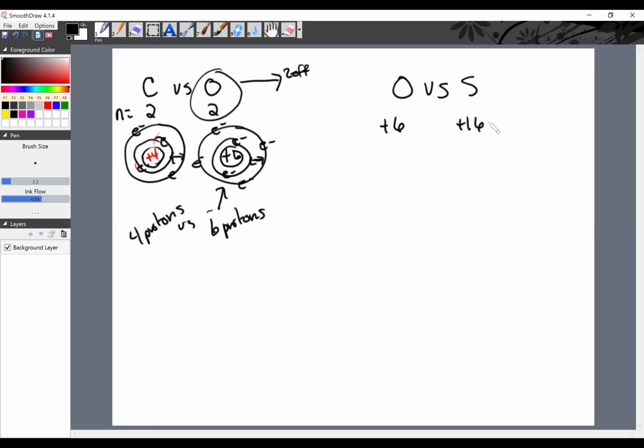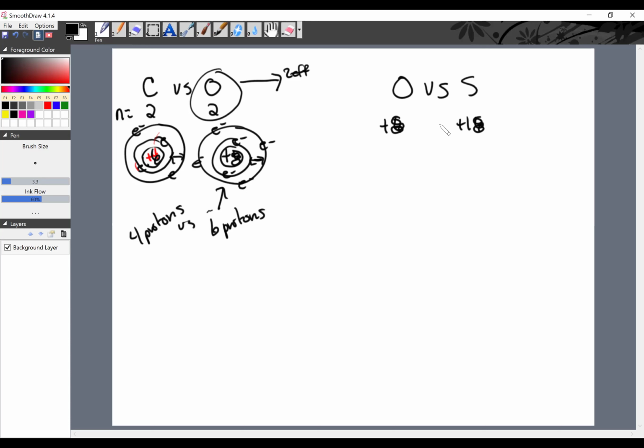And then we have to count the shells below it. So there is a total of 8 and a total of 18. So oxygen has 8 pulling in, so 6 total, but 4 from the second shell. So oxygen has 8 pulling in, sulfur has 18 pulling in.